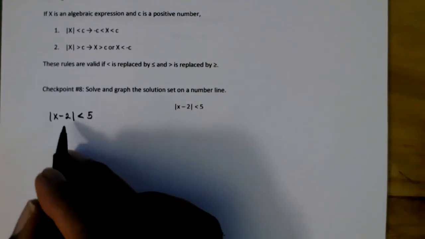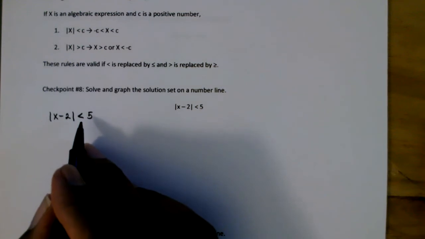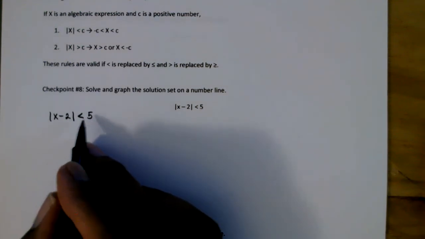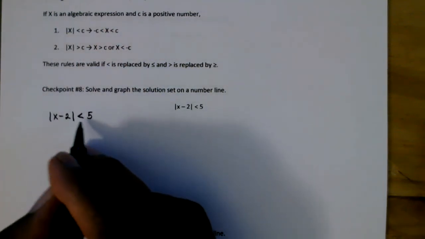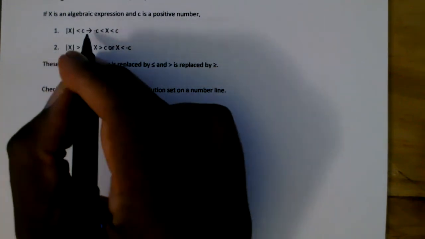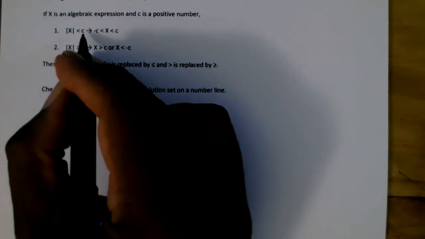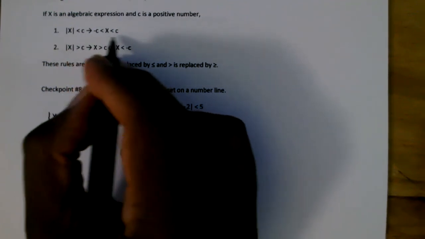Let's take a look here. Our inequality symbol is by itself. We need to look at our inequality symbol to determine which one of these cases we're going to need to use here. It says less than. So we have to use this case right here for the absolute value of x being less than c. We have to write it as a compound inequality as you see here.